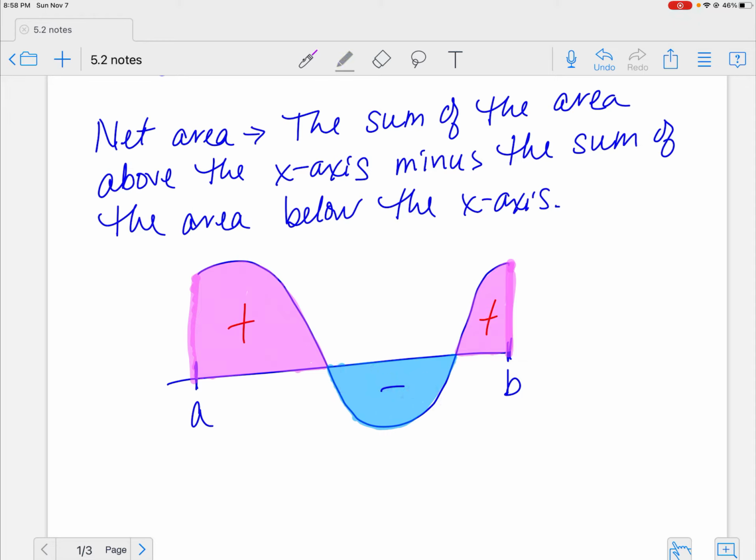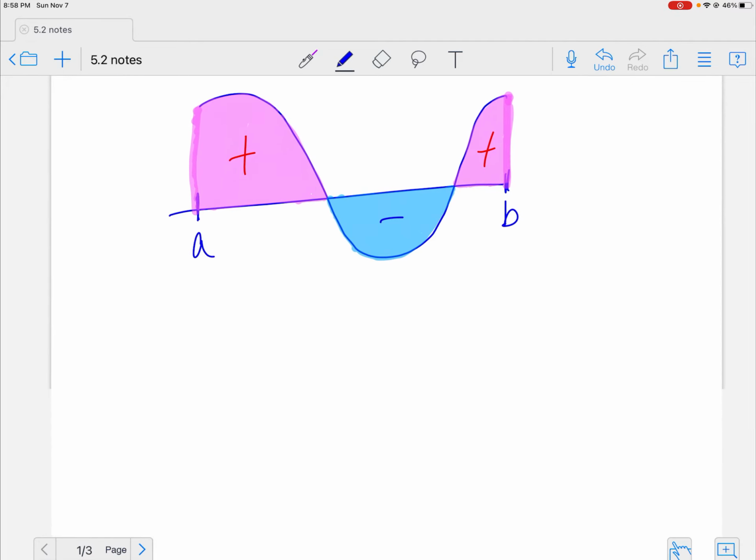Okay? And so think about those rectangles that we did previously. How am I going to get as accurate as possible here? Am I going to have 4 rectangles? No. If I have infinitely many rectangles, that's what's going to do the trick, right? The more rectangles I have, the better this is going to look.